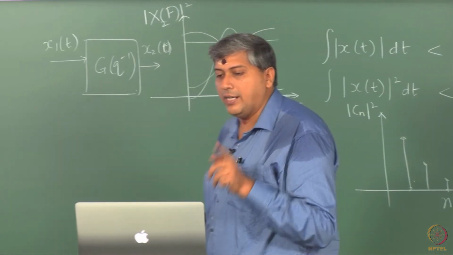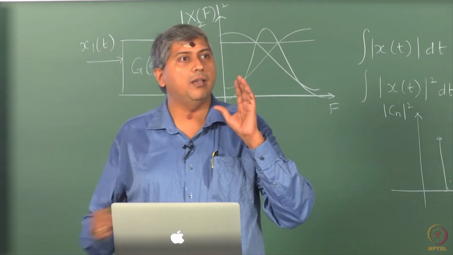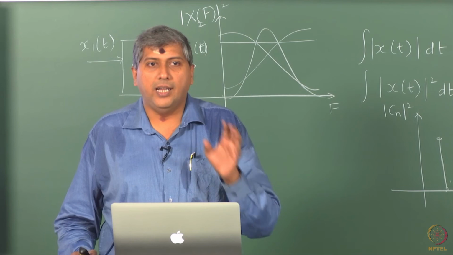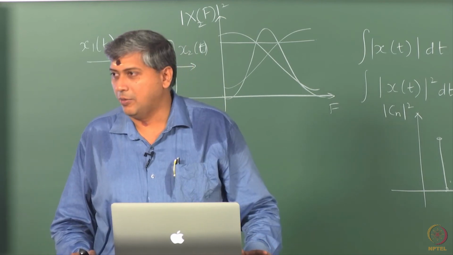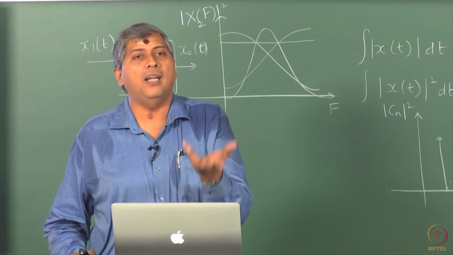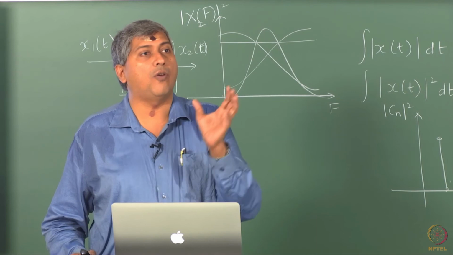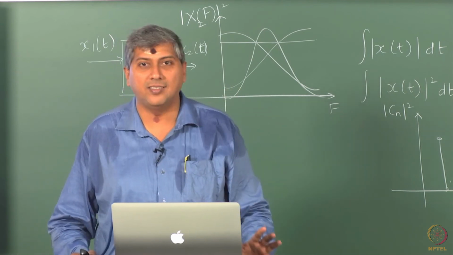So, the sigma square t that you see here, although it does not correspond to any random event, still corresponds to a second moment. The sigma square t is a second central moment of the energy density in time, and the physical meaning of that is the duration. It gives you an idea of how long the signal exists in time.